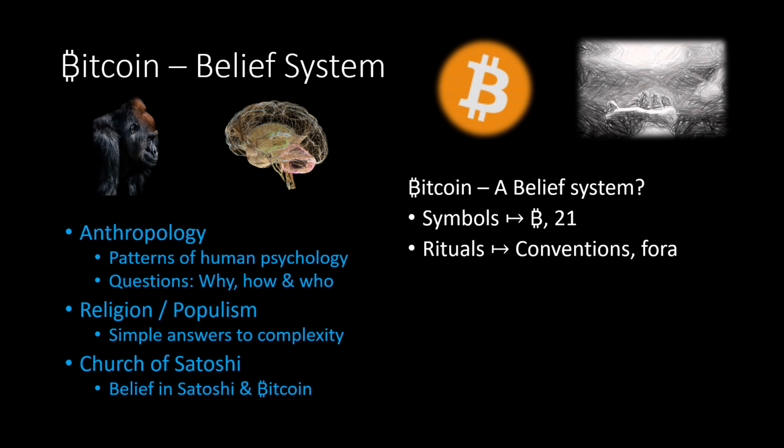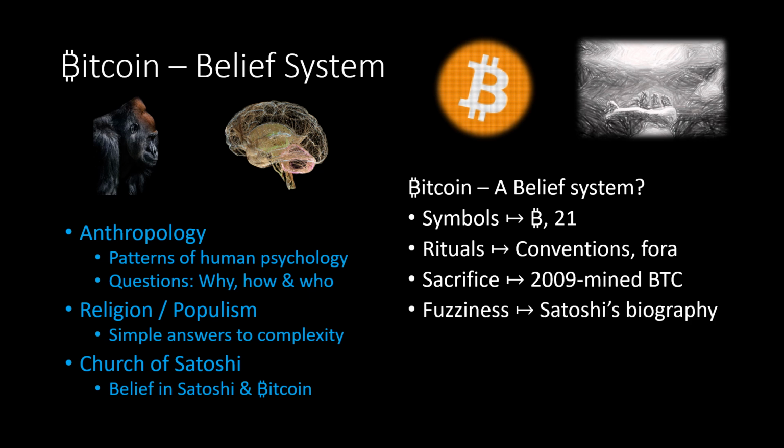We have rituals like these conventions or online fora where these things can be discussed in their own bubble of believers. There's even a sacrifice involved, so you could consider, let's say, the 2000 mined bitcoins by Satoshi Nakamoto as lost or sacrificed by the founder of the technology.